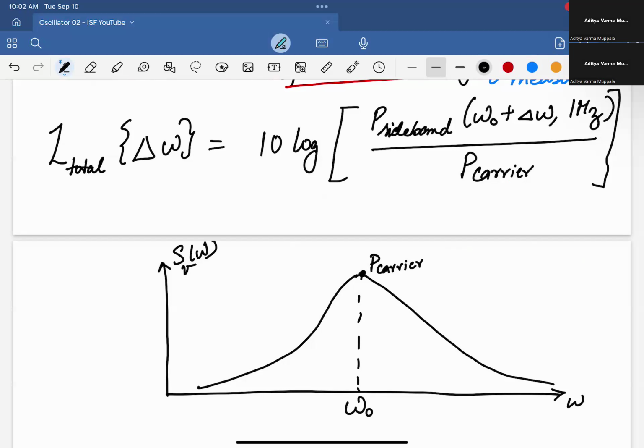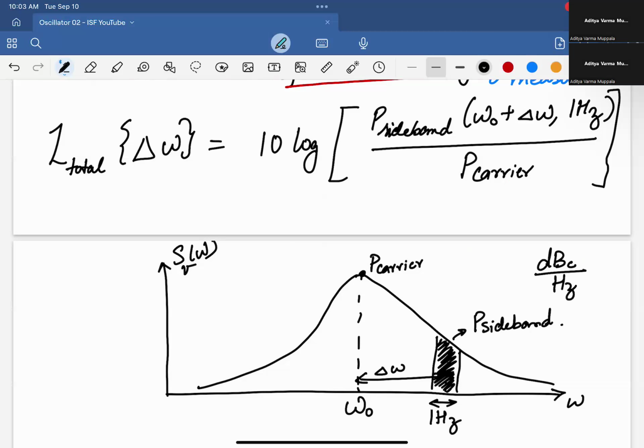Then at some separation delta omega, you pick a 1 hertz bandwidth. So this is 1 hertz. And you integrate the entire power inside this 1 hertz bandwidth. And this is P sideband. This gives you this total capital L, which is measured in dBc per hertz, dB with respect to a carrier for 1 hertz of bandwidth. That's the unit.